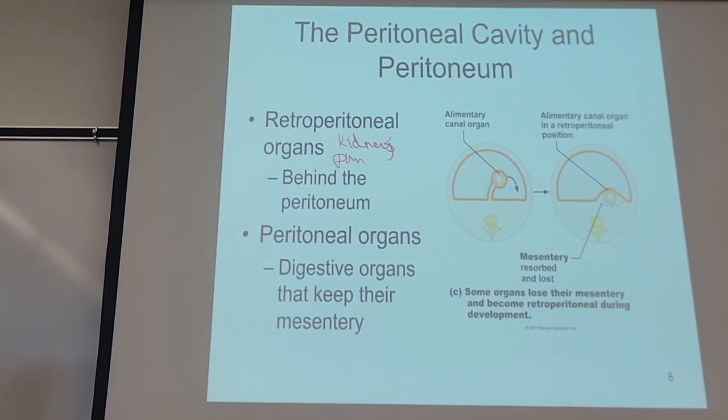Your pancreas is a good example. The beginning of your small intestine, which is the duodenum. So these all kind of go behind. And then your ascending and descending colon. Okay, so those are examples of retroperitoneal organs.